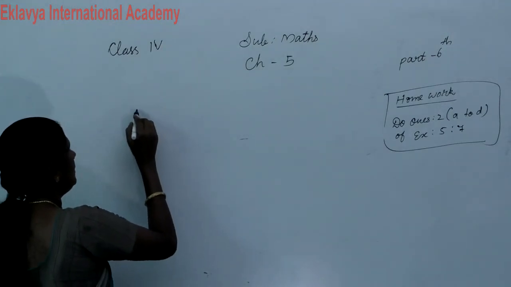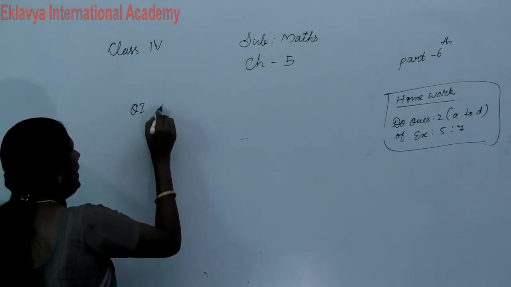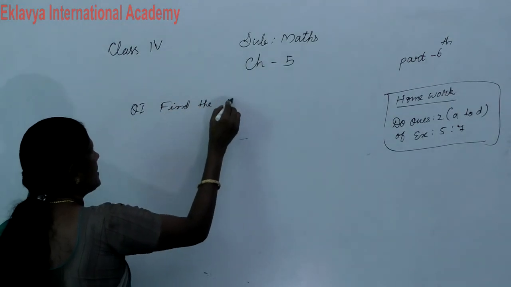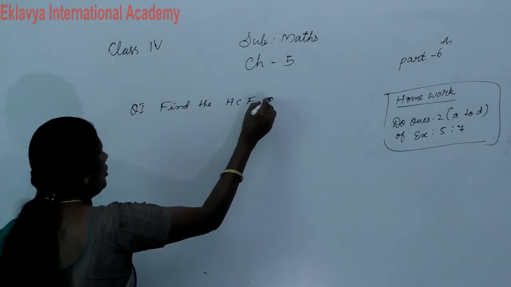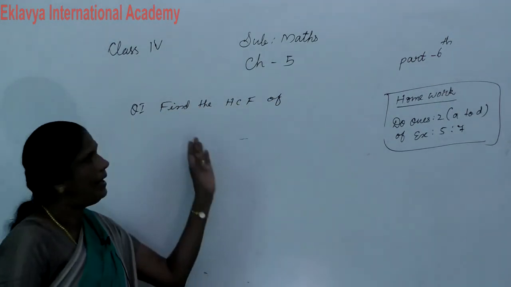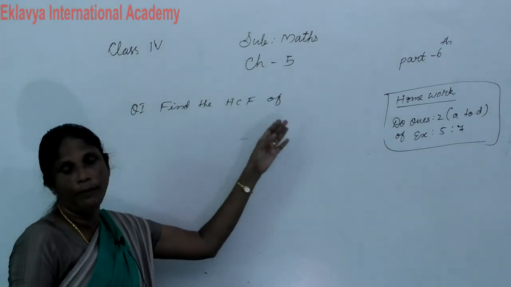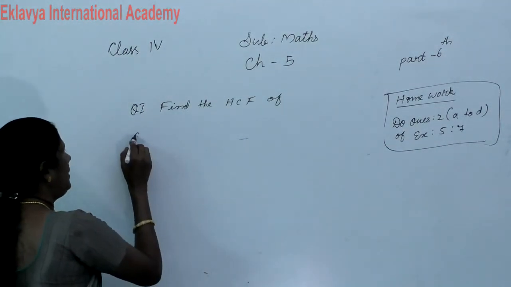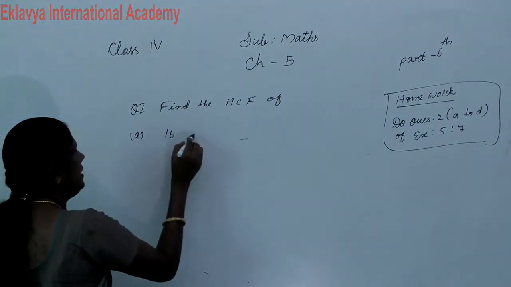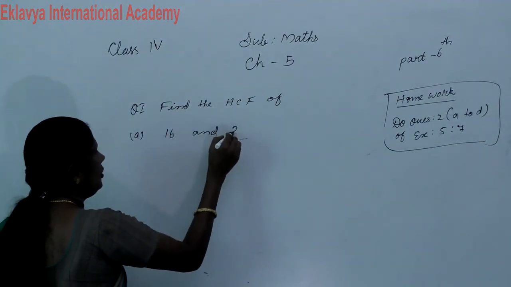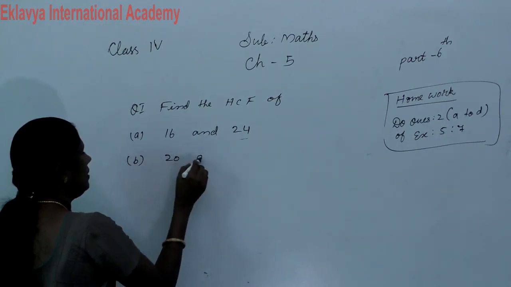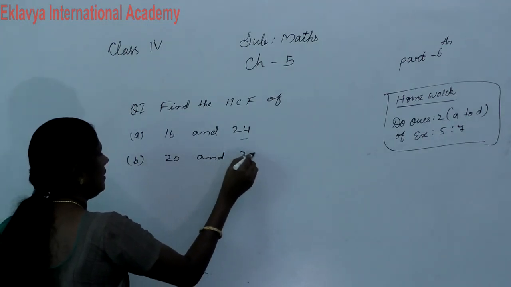First, find the HCF in prime factorization method of A, 16 and 24. B, 20 and 30.